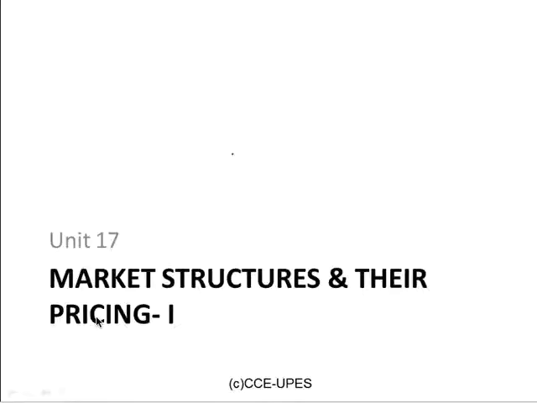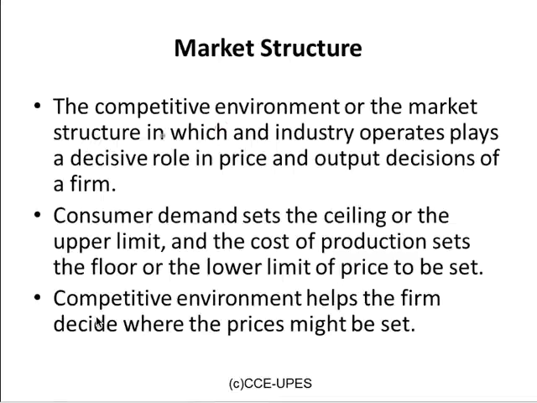market. Now, here we're talking about a market structure which will vary because of varying degrees of competition that the firm faces. So, the competitive environment or the market structure in which an industry operates plays a decisive role in price and output decision of a firm.